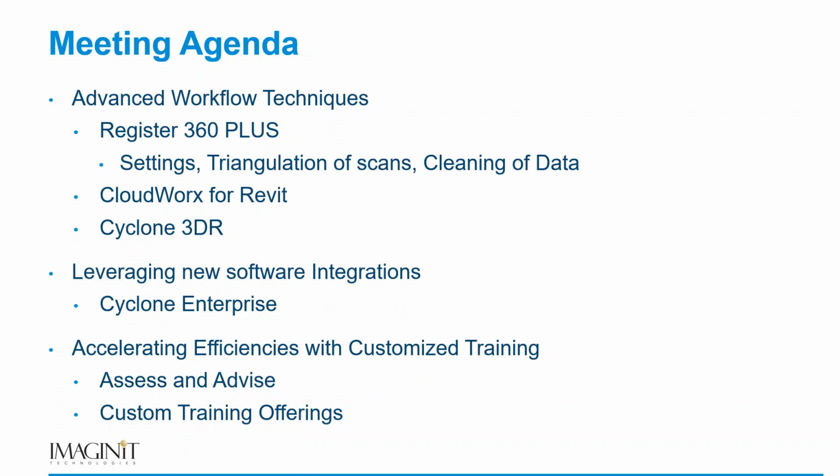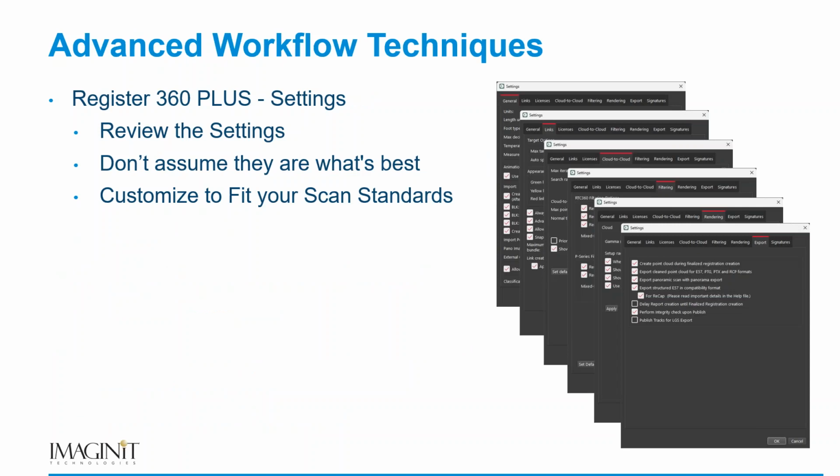We'll touch on some CloudWorks for AutoCAD, depending on time, and then get into 3DR, kind of explain what that is, and then look at some new software, not necessarily brand new, but it's still in an early stage. A lot of people, it's just now catching on, and then talk about some of the services that we have available. So the next slide, what we're going to do is dive pretty deep into Register 360.